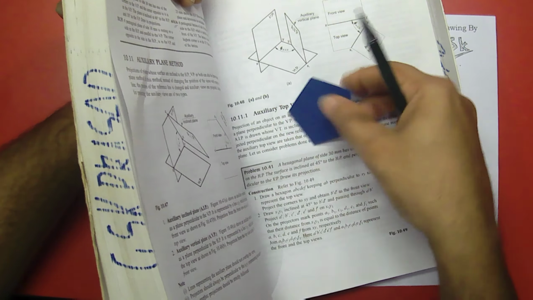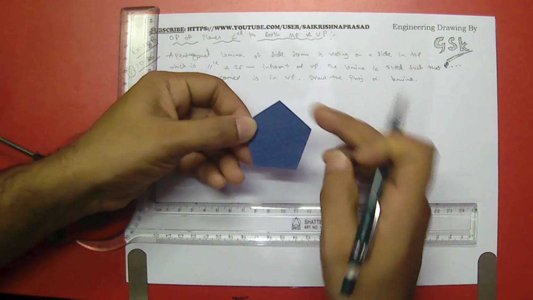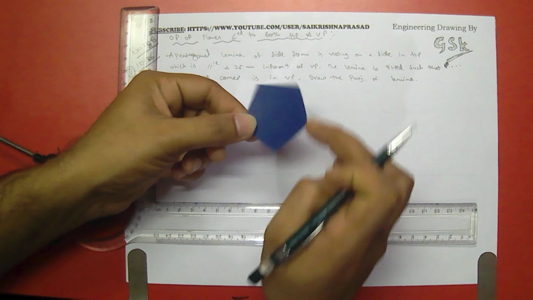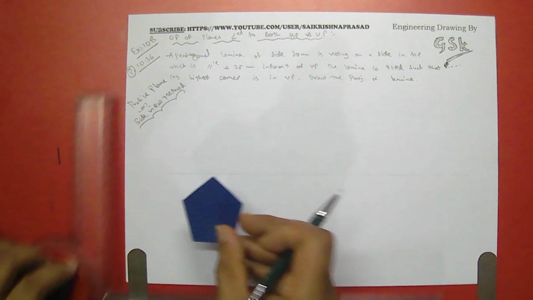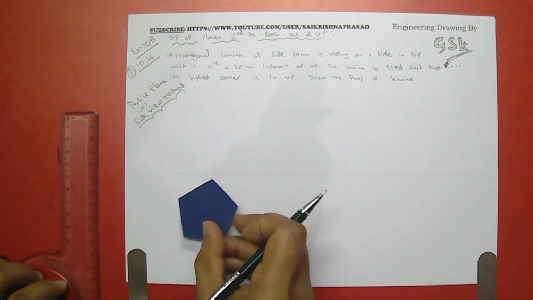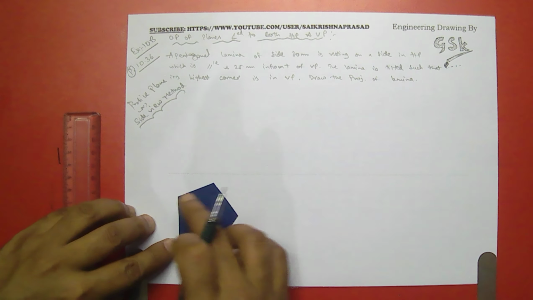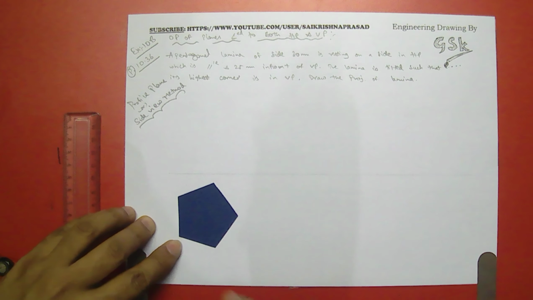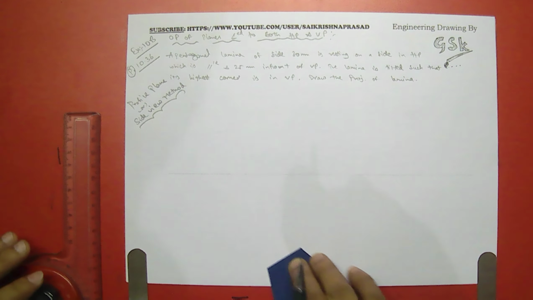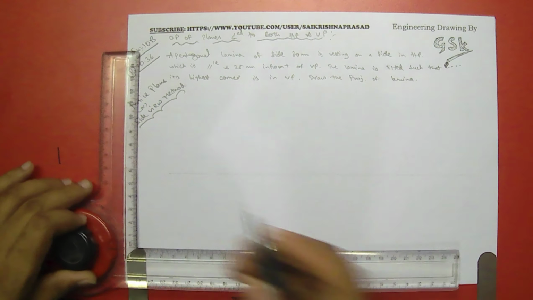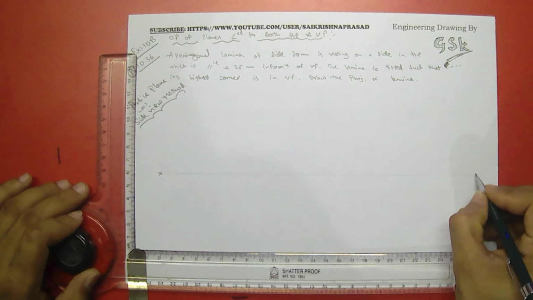Directly I can't get this height or this distance, so let me first draw the projections of this one. This is edge resting like this, so I can get the true top view and the front view of this one. Then I'll go for the profile plane method.